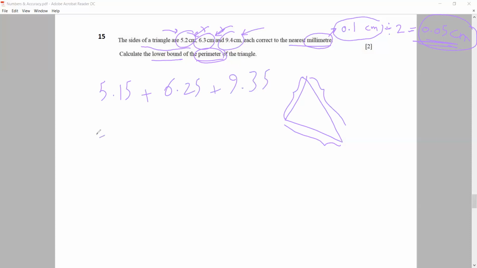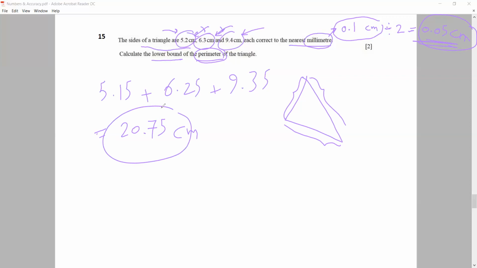And that is the perimeter. I believe that should be 20.75 cm. So that's the lower bound, right? So that's it. Moving on.